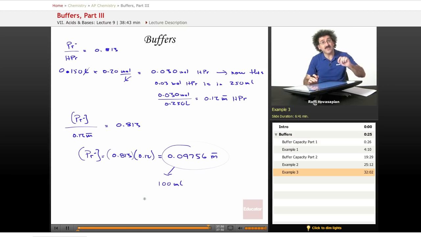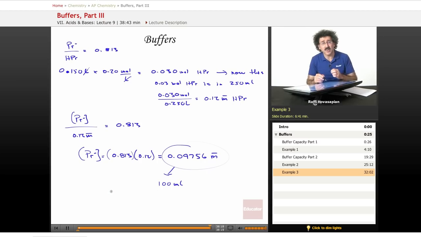I knew that I could find an acid that has a pKa close to that pH, and that the ratio of the base to the acid is going to be 0.813. Based on the rest of the problem, given the volumes and the molarity I was dealing with, I was able to calculate the molarity of the sodium propanoate solution I would need in order to achieve that 4.80 pH.